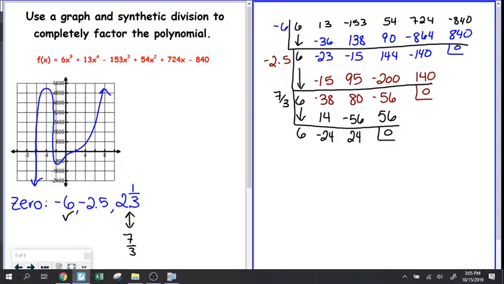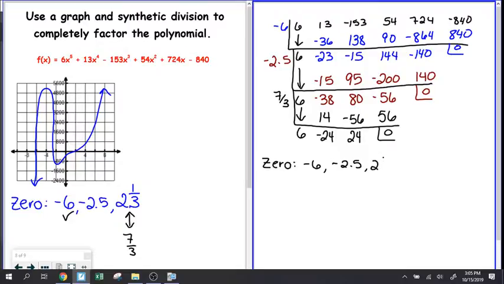Okay. Now, getting from here to the actual answer is where people have a little bit of trouble. We know the zeros of this function from the picture, but when we got them out of the picture, they looked like this.